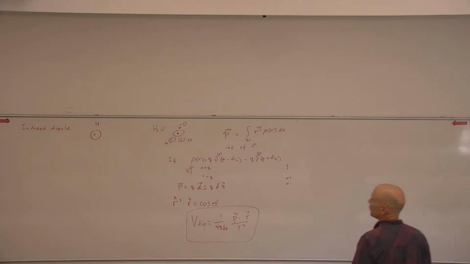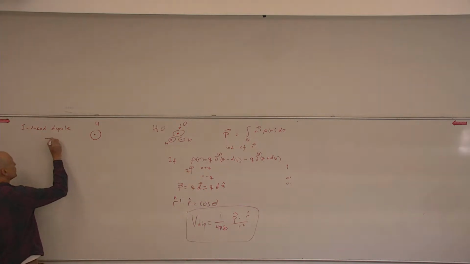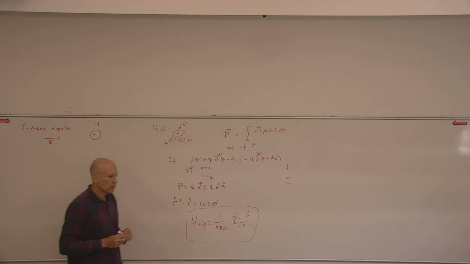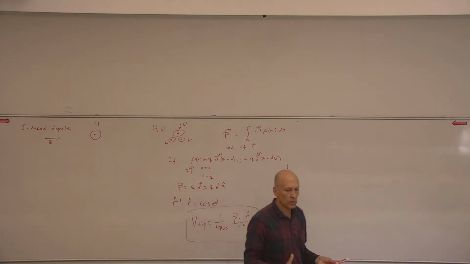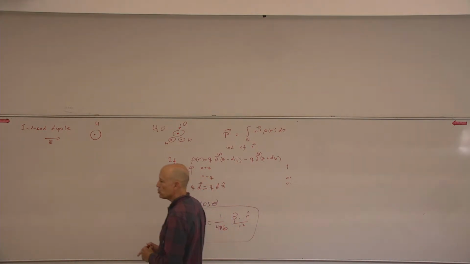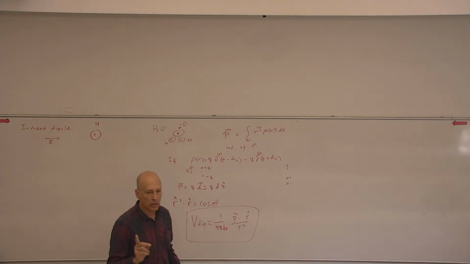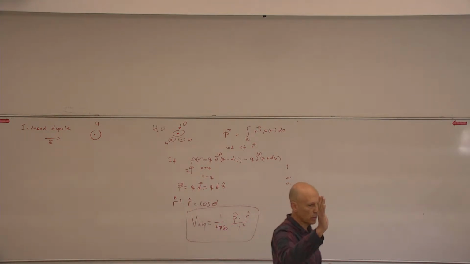What will happen, in a picturesque way, when I induce a dipole with a field? I take some material, a box, and I have hydrogen atoms inside, and I apply an external field. This external field breaks the symmetry because it has a direction.